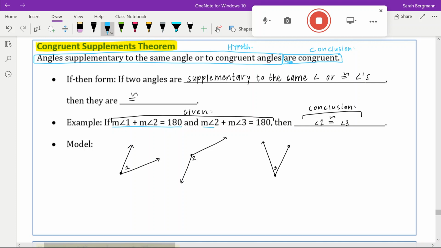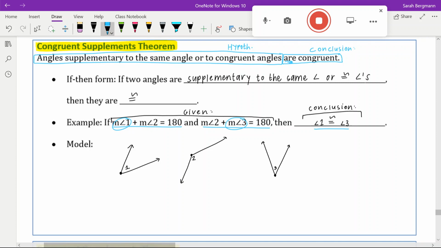And also, the measure of angle 2 plus the measure of angle 3 equals 180. So angle 2 and angle 3 are supplementary. Then you can conclude, since angle 3 and angle 1 are both supplementary with angle 2, then angle 1 and angle 3 must be the same thing. So angle 1 and angle 3 would have to be congruent.